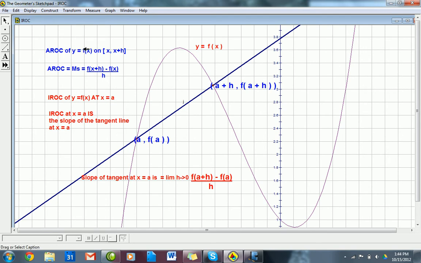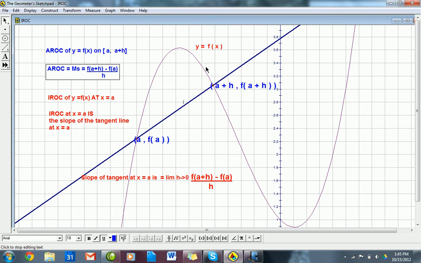Instead of x's, I'm going to use a, so I'm going to work up here. The average rate of change from a to a plus h is the slope of that secant line, which is a change in y, f of a plus h minus f of a, all over a plus h minus a.